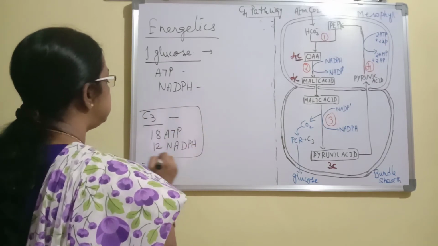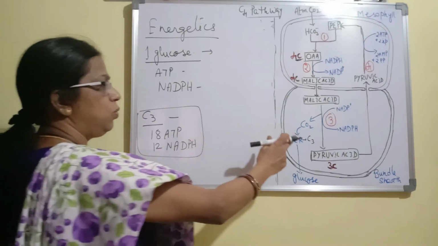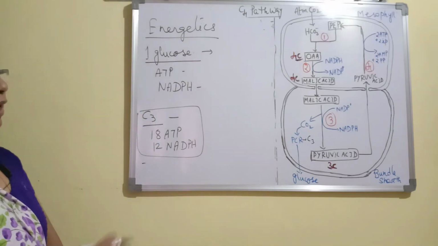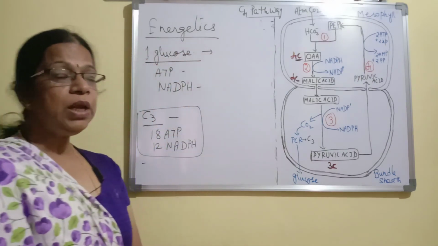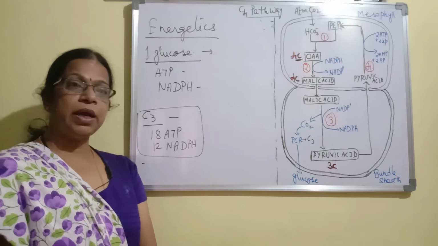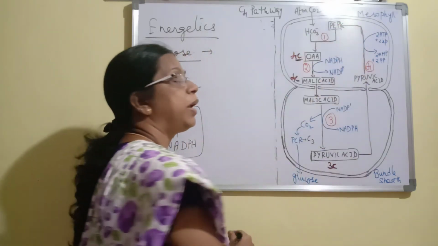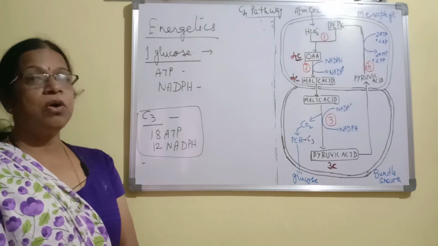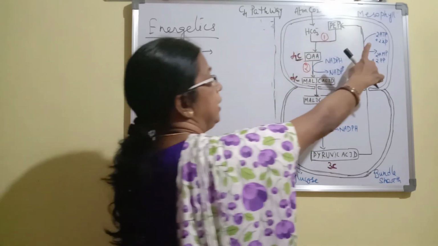The same will hold good here, because there is a C3 cycle here also. But other than this, there is an additional requirement of ATP. What is that additional ATP required for? It is required for regeneration of the primary acceptor of carbon dioxide. For regeneration, for 1 carbon dioxide, 2 ATP.